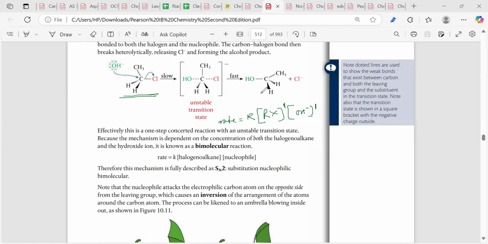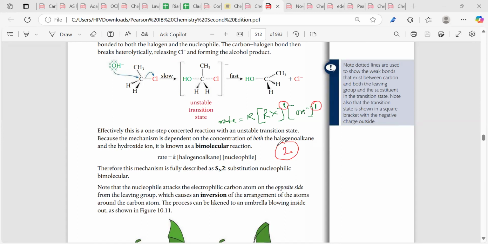We know that the rate expression for any reaction will be the rate expression of the slowest step. The order of the reaction is 1 plus 1, that is equal to 2. So the overall order of the reaction is 2. Thus it is SN2.